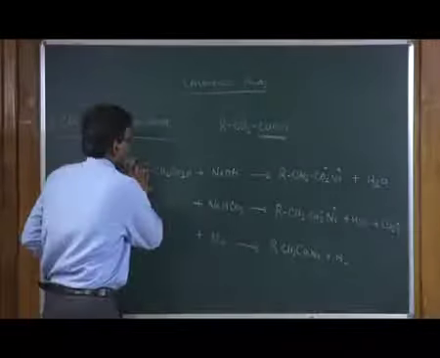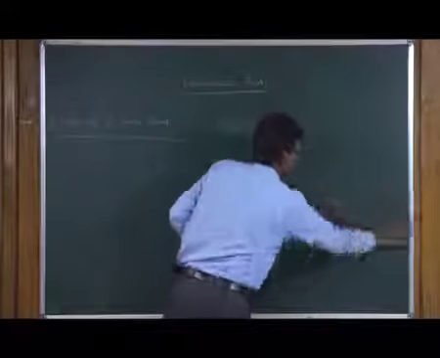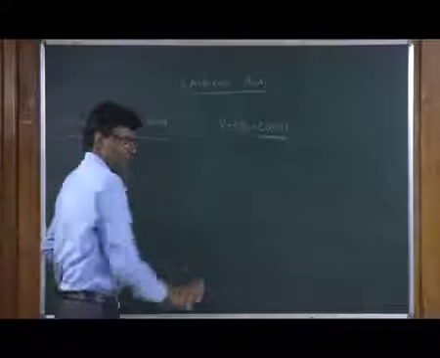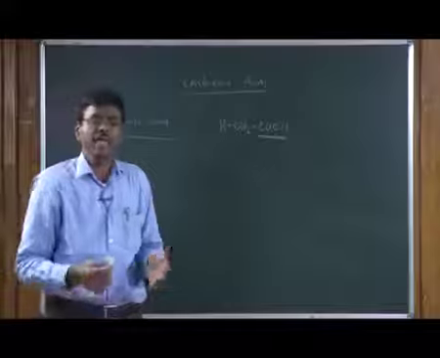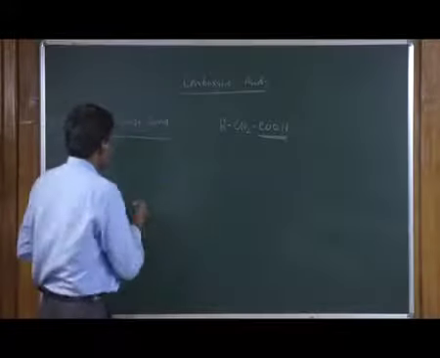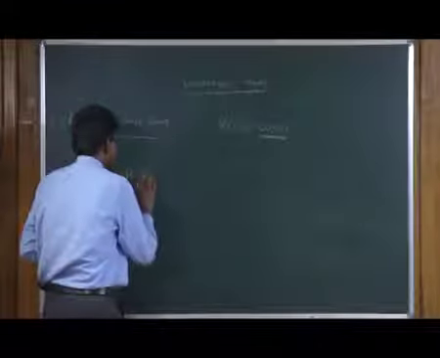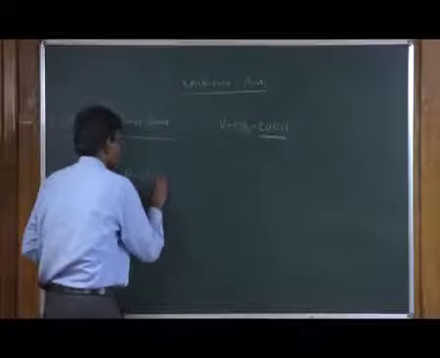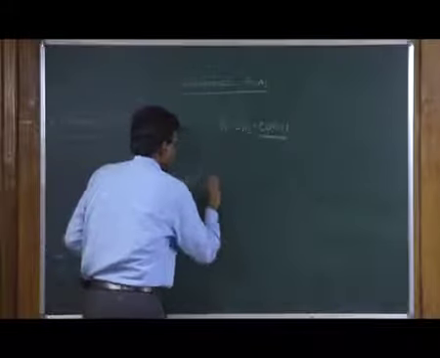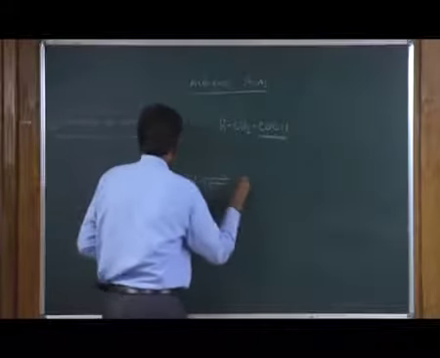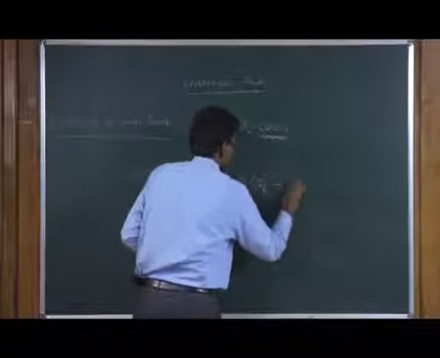So, now let us see the acidity of carboxylic acids. Carboxylic acids are weak acids, and when you take them in an aqueous medium, they can undergo dissociation to carboxylate ion plus hydronium ion.